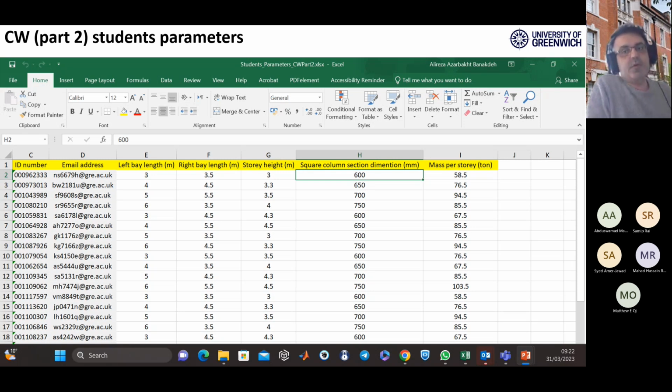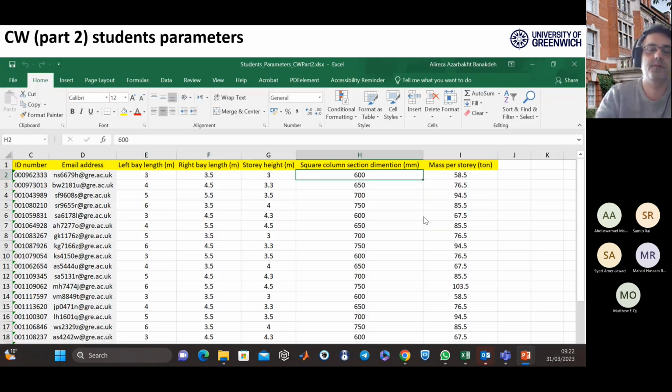So you need to multiply these values by 1,000, so they will be in terms of kilogram. And for the rest of parameters, I've worked with meter. For example, for the square column dimensions, I just converted the millimeter to meter for my hand calculation and the ETABS and the other cases. Does it make sense?